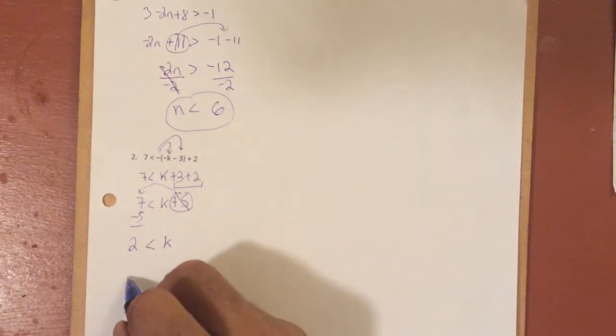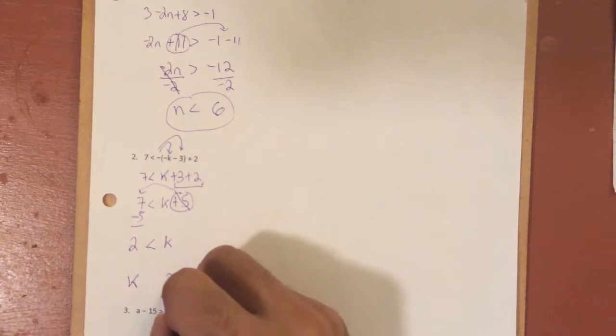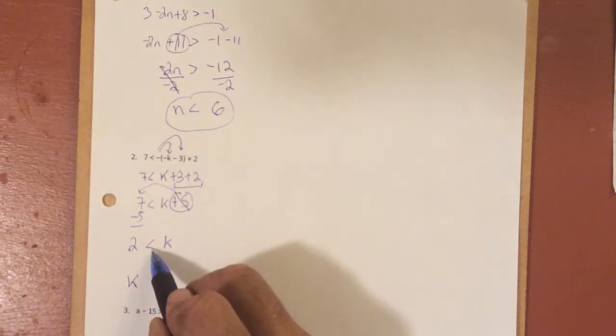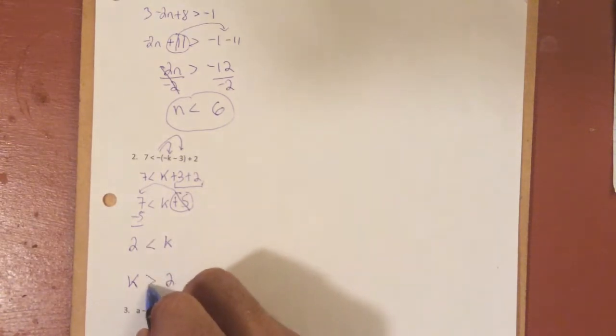So basically, I want the k to be at the front, and I want the 2 to be in the back. Now, to be able to write this inequality symbol correctly, in what direction is the mouth opening towards? It's opening towards the k, so that means when I write it here, I need to make sure that the mouth is opening towards the k, and there's my final answer.